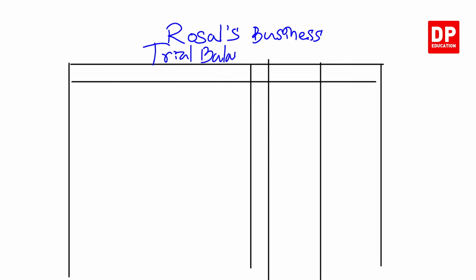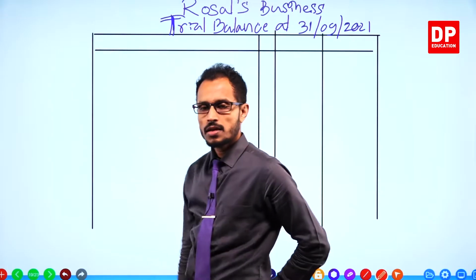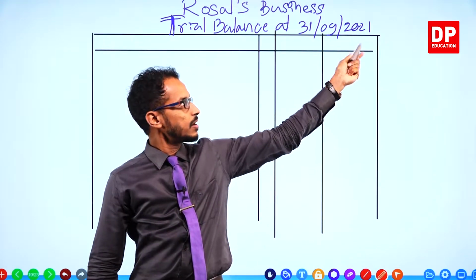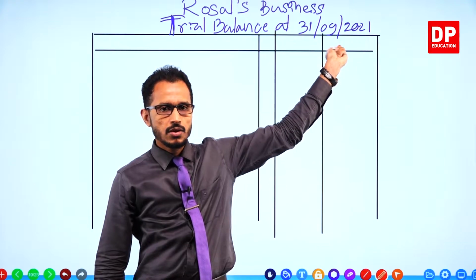Children, the trial balance is prepared as at a certain date. Remember, it's prepared as at a certain date, and according to this question, this trial balance is prepared as at 30th September 2021.